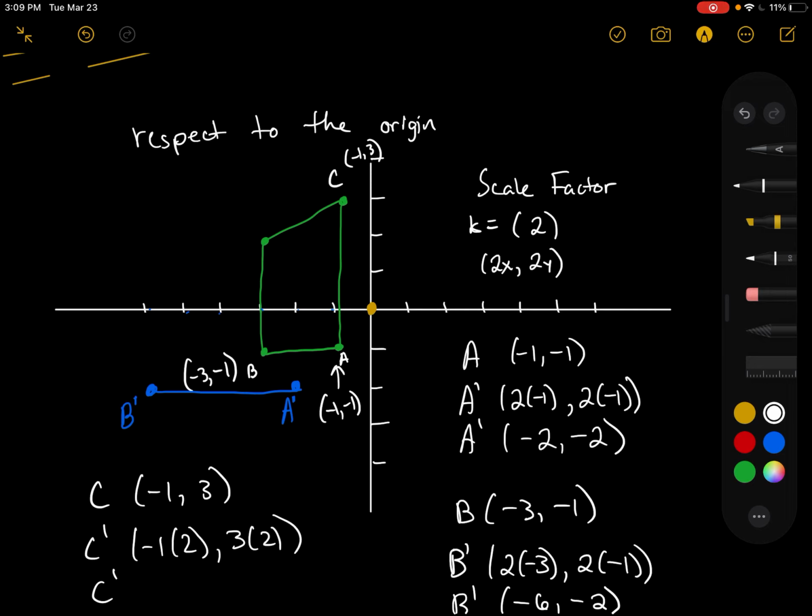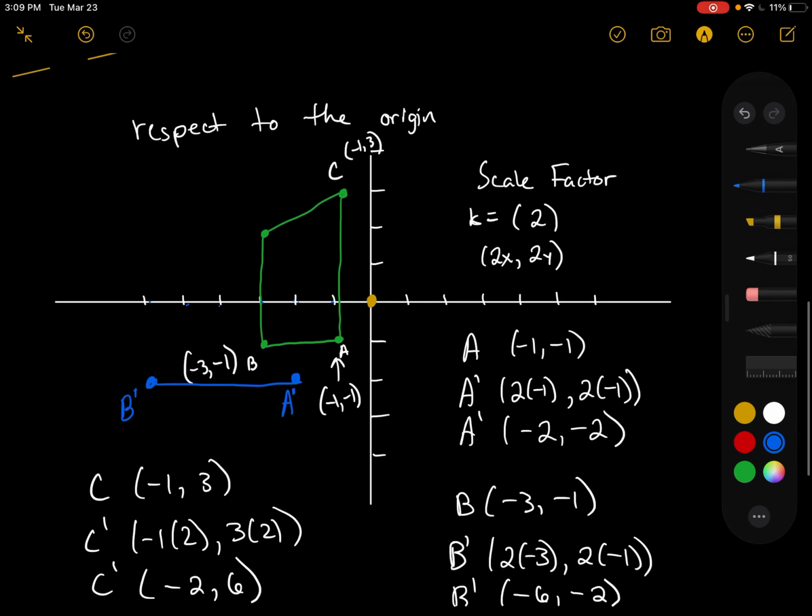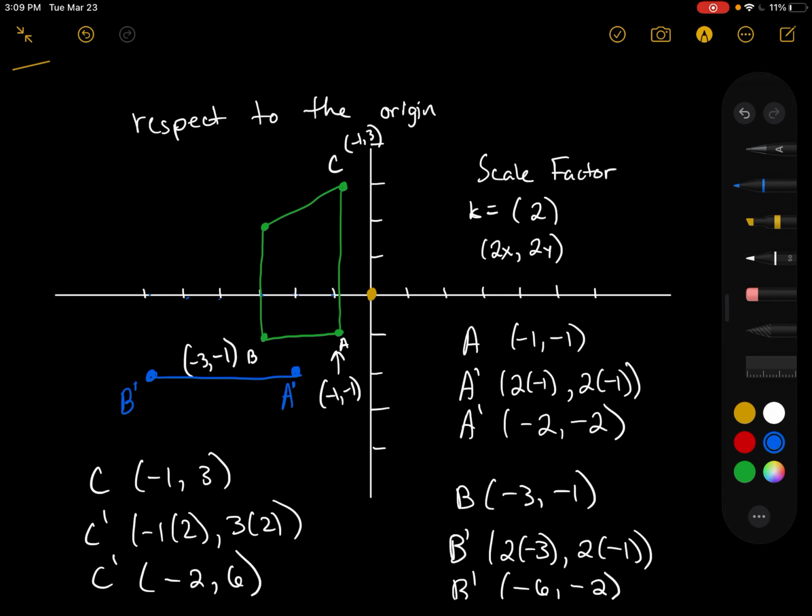So C prime is going to be -1 times 2, and then +3 times 2. So we'll get -2, comma 6 for our C prime. So -2, up 1, 2, 3, 4, 5, 6. Go up a little bit higher actually than the graph here.